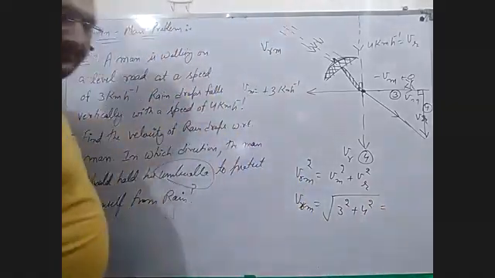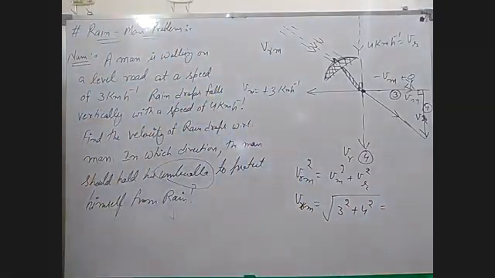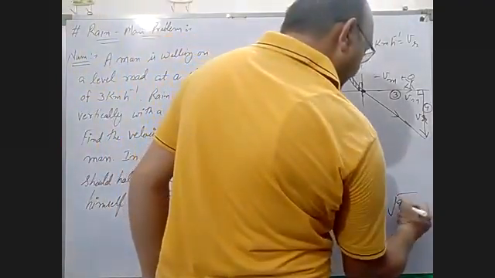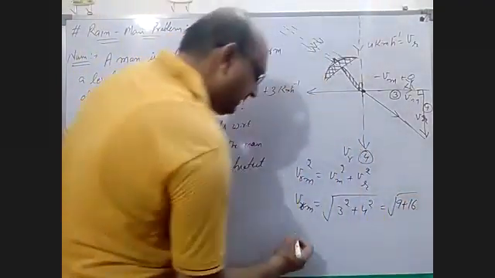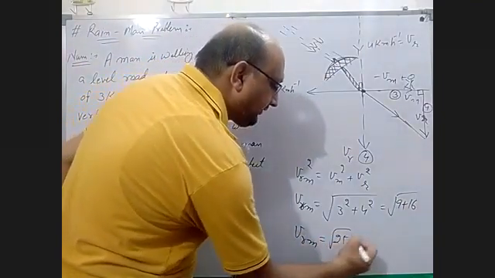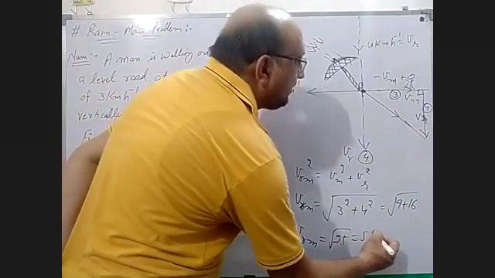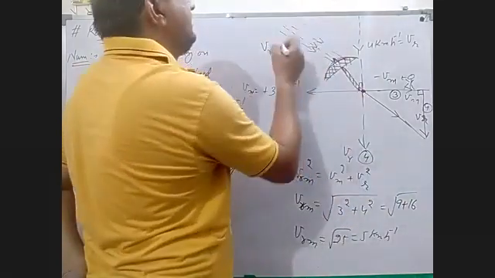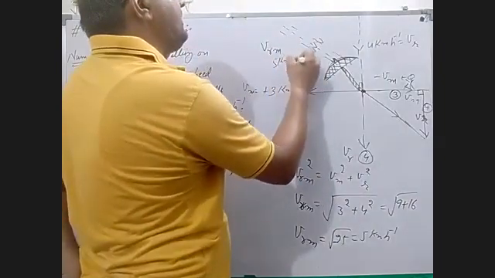From there, you can write 9 plus 16 under the root, and the Vrm value will be equal to root 25, which is 5 kilometer per hour. This is the velocity of rain with respect to man, 5 kilometer per hour.